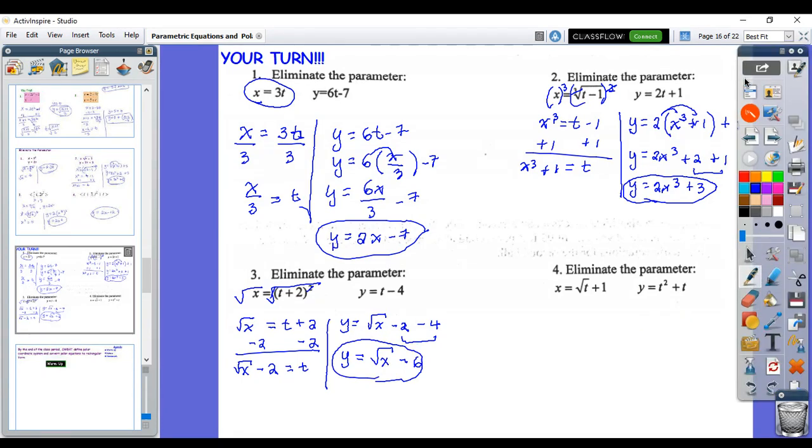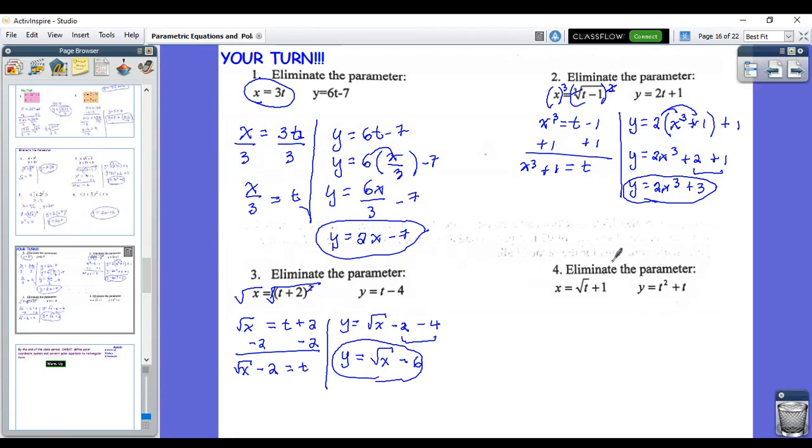Okay, last problem. Our x component for number 4 is the square root of t plus 1, and the y component is t squared plus t. So the same process, let us solve for t given the x component equals square root of t plus 1. So I'm going to subtract 1 on both sides first so that I can isolate my square root of t.